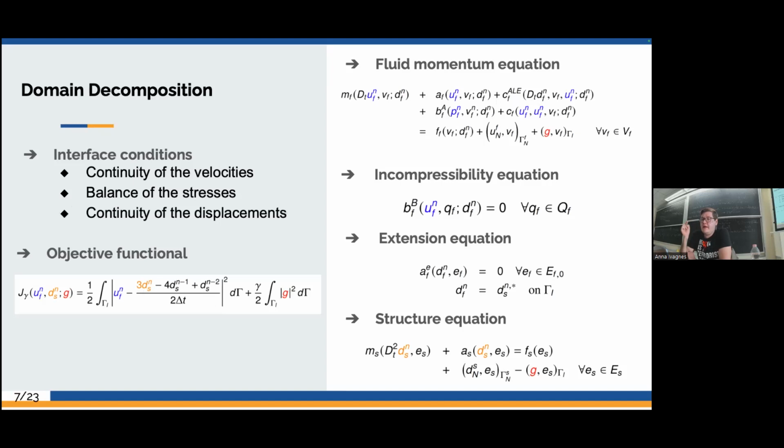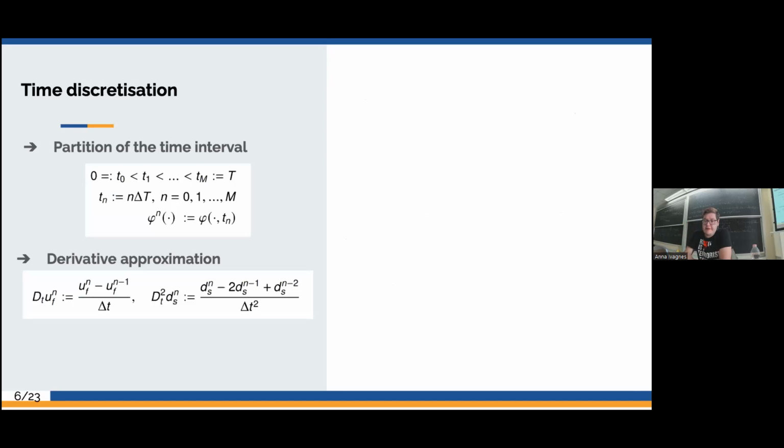What is G? G is a control variable that enters here, but it's connected to the normal stress on the interface.